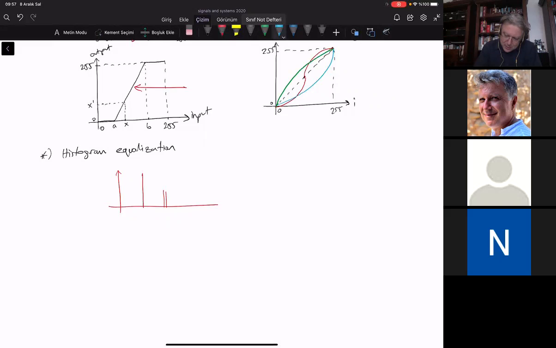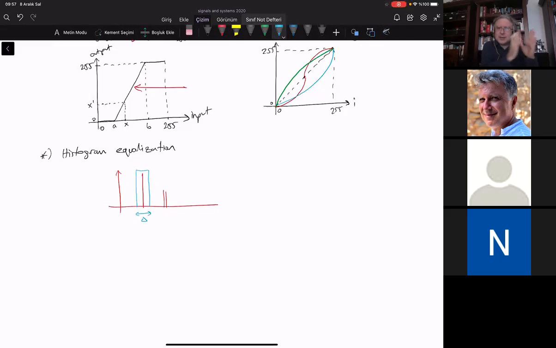And then we can observe that within a region of delta, if you count how many pixels are there within this delta range, you will see the height is that much, whatever that value is.